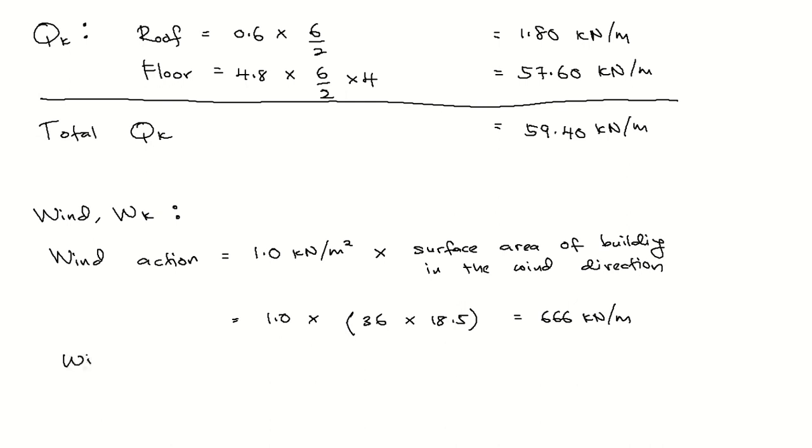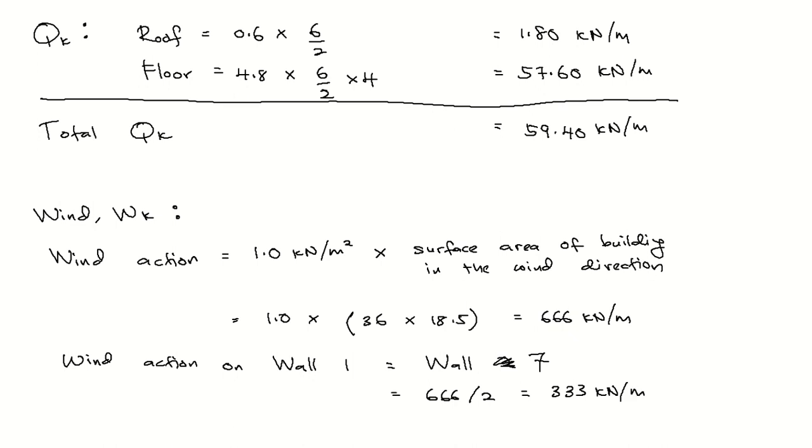So the wind action on wall 1 will be equal to the wind action on wall 7. So this is equal to 666 kilonewton per meter, divide by 2, you will get 333 kilonewton per meter.